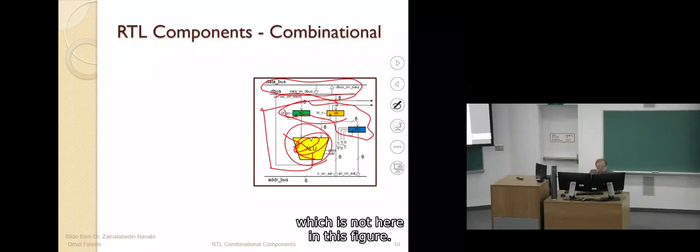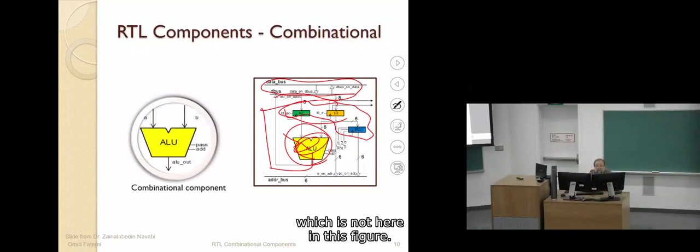And also, which is not in this figure, so maybe in the next slide, we have something to control everything. When ALU does addition, when ALU does OR, does and so on. So there are different components in this complex design.